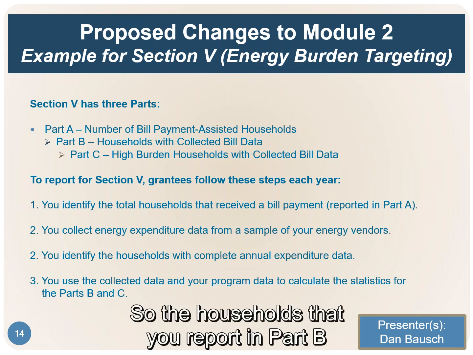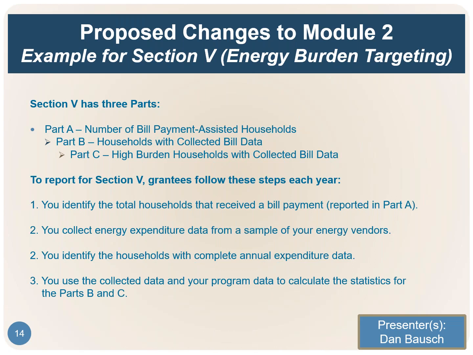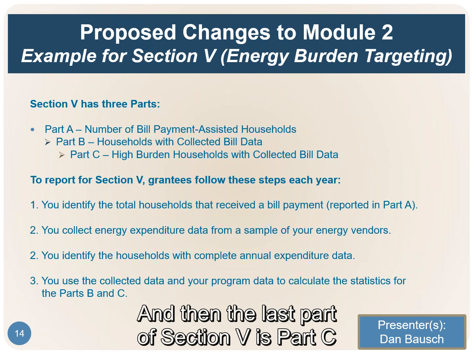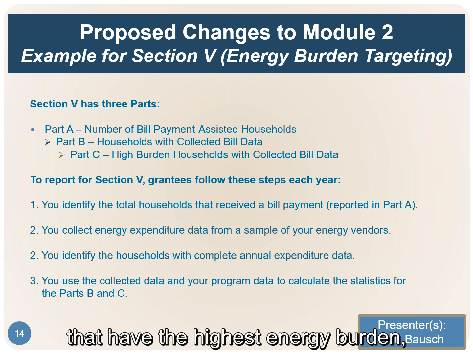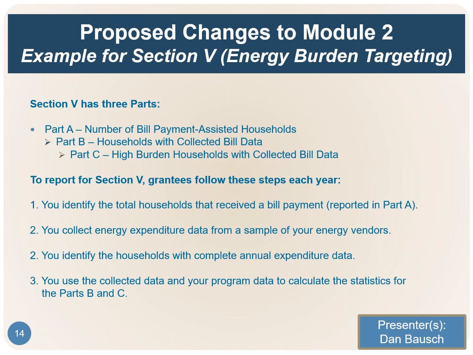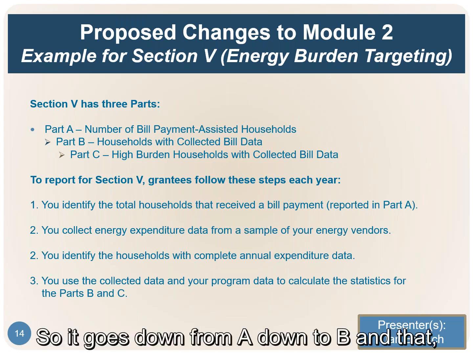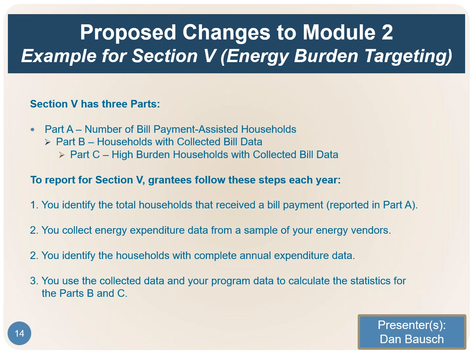So the households that you report in part B are a smaller group out of part A. And then the last part of section 5 is part C, where you report on the top 25% of households that have the highest energy burden and are categorized as high burden. So it goes down from A down to B and then to a smaller group in part C.